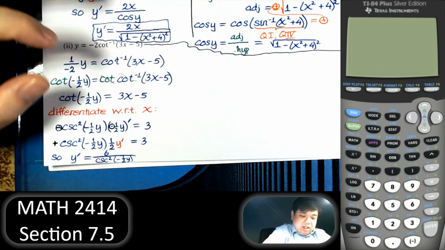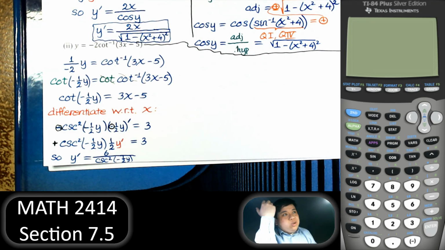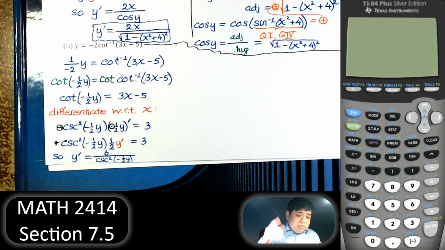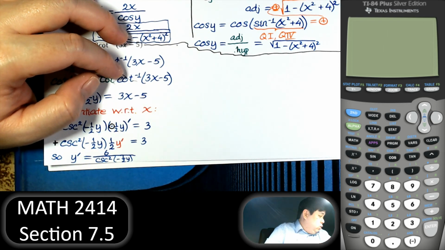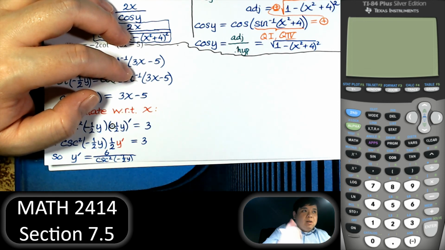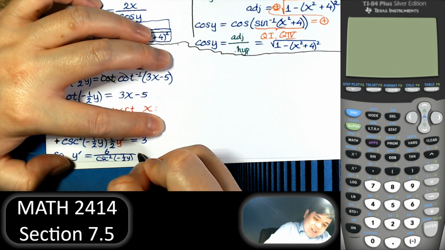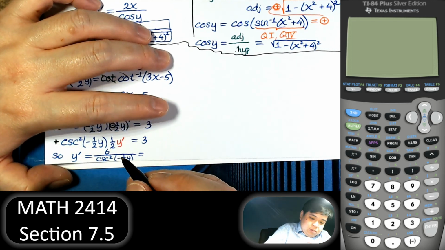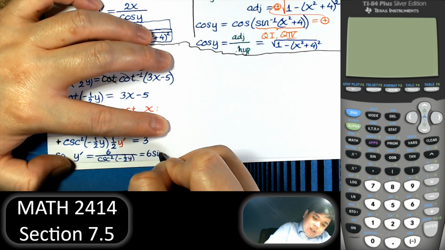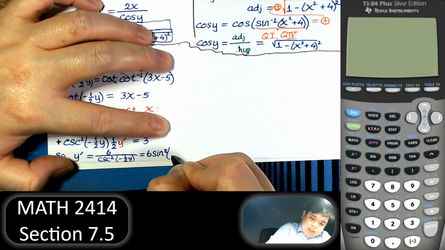Dividing by cosecant square, we can just say sine square, right? Over cosecant square, move to the top, becomes sine square. Six sine square of negative 1/2 y.